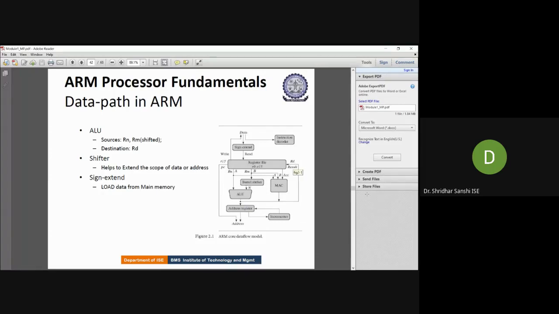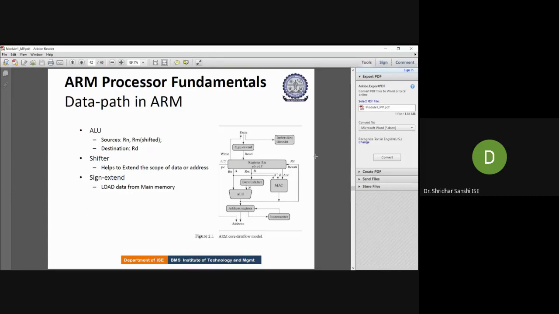The contents of register RD will be returned to the register file again by the bus called result. Once this instruction is executed, the next address has to be fetched. That will be taken care of by the address register, which holds the base address. After each instruction execution, it will increment the register value so that it fetches the next instruction. So this is how the data flows in the ARM core.